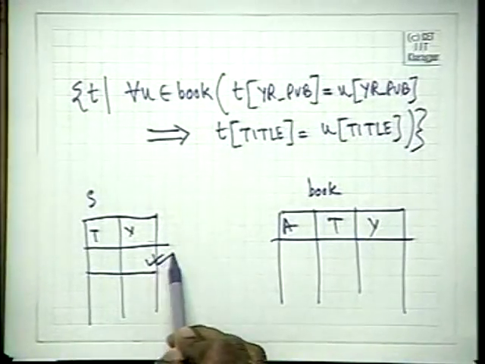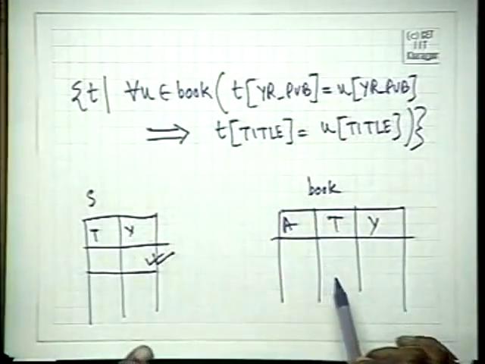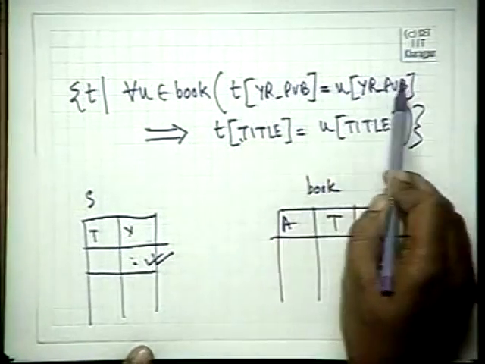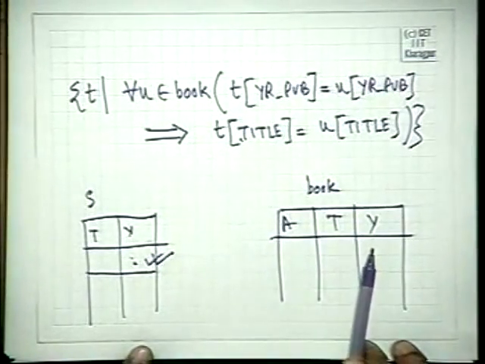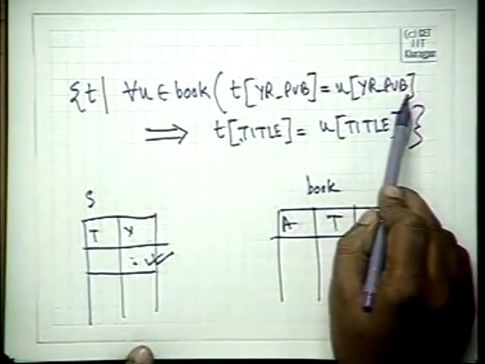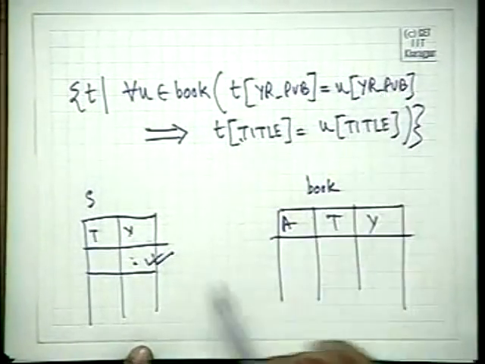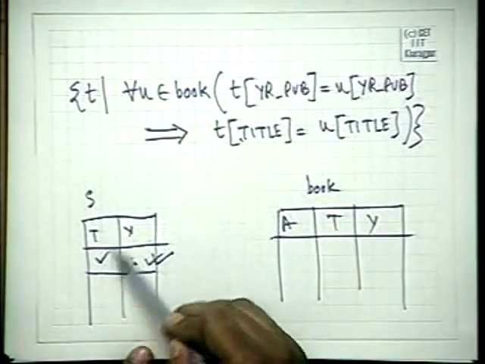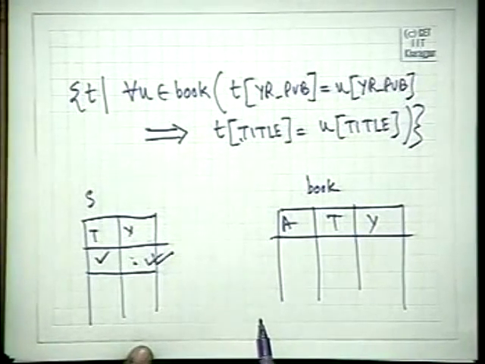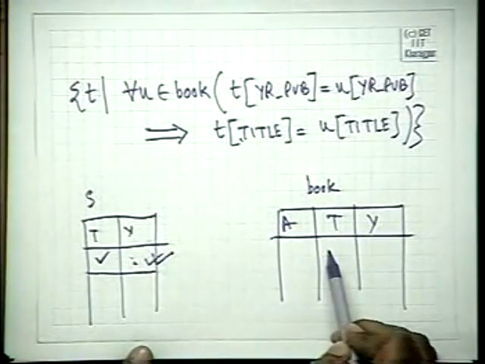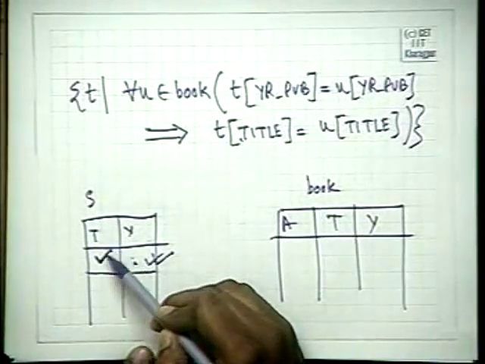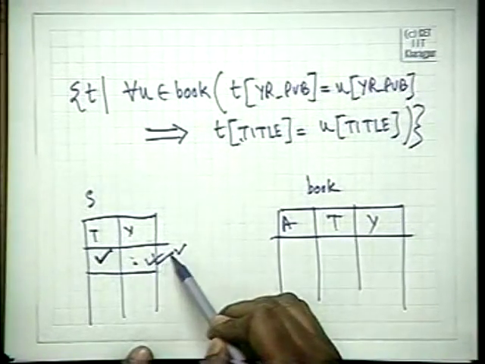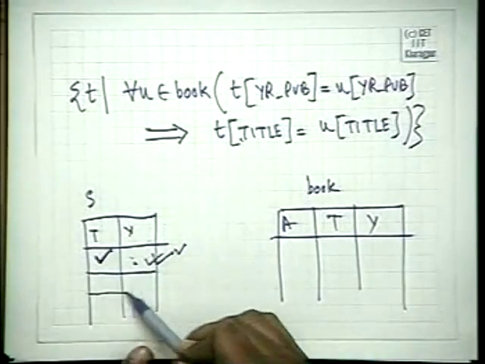For any tuple here, it means that for all tuples in books, if this matches, then if this does not match, it is satisfied automatically. It means that if the year of publication is same, then the title should be same. For all books, for this tuple, for each and every book, if the year of publication is same, then the title is same. This must hold for this one also.